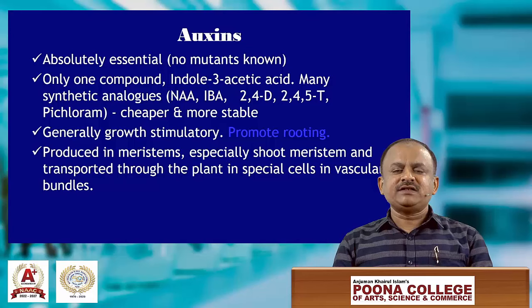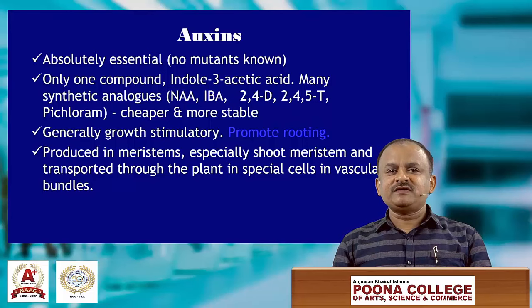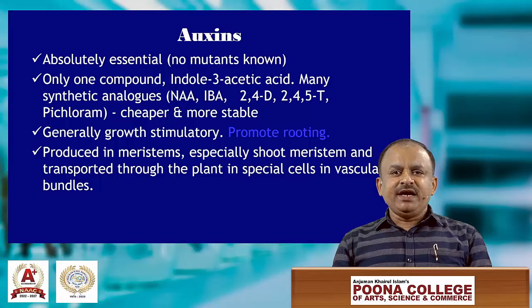The first one we'll discuss in detail is auxin. It is an absolutely essential component; no mutants are known, and that's why it is very important. Only one natural compound, indole 3 acetic acid, and many synthetic analogues, that is naphthalene acetic acid, indole butyric acid, 2,4-D, 2,4,5-T.